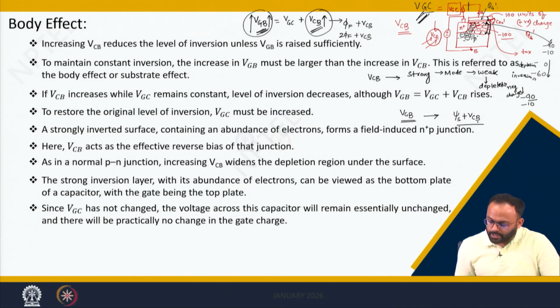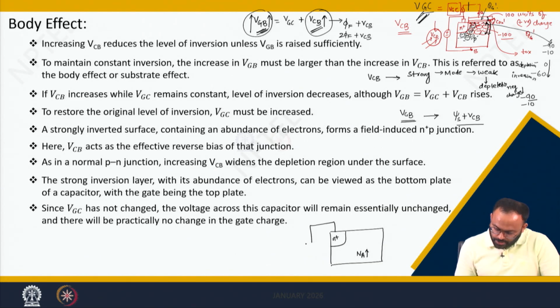Now what will happen if the body doping increases? So I am increasing the body doping. If I increase the body doping, based on the applied voltage of V_CB, more depletion charge will get uncovered.